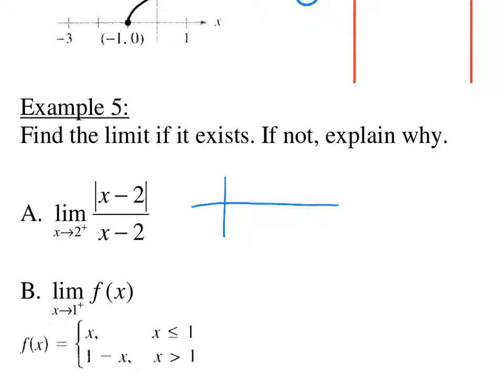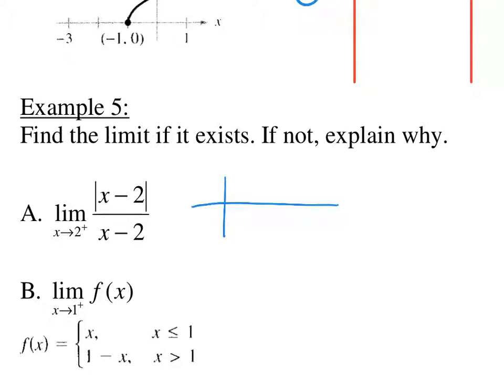What's x minus 2 over x minus 2 equal? 1, anything divided by itself is 1, right? So as long as x minus 2 is positive, you're going to have positive over positive, right?